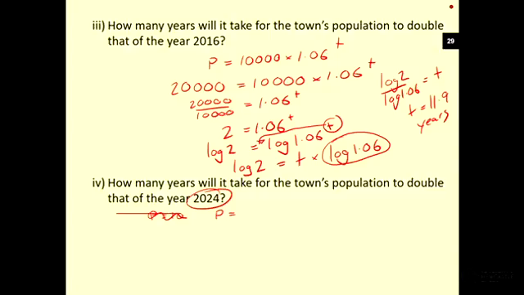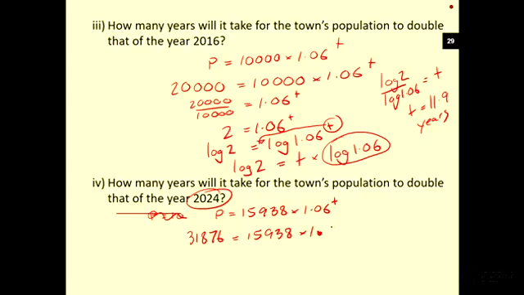If the initial population was 15,938, and you're asking how long will it take for 15,938 to times by 2, well, 15,938 times 2 is equal to 31,876. So that's what I want to try and solve.